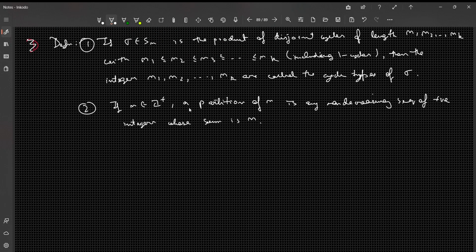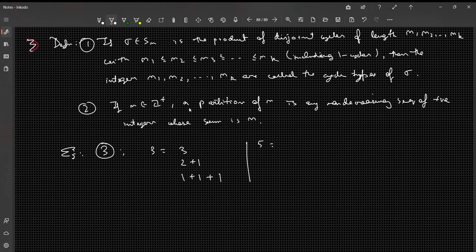But for a simple example, the number 3 can be written as 3, as 2 plus 1, and as 1 plus 1 plus 1. So these are the three possible partitions.